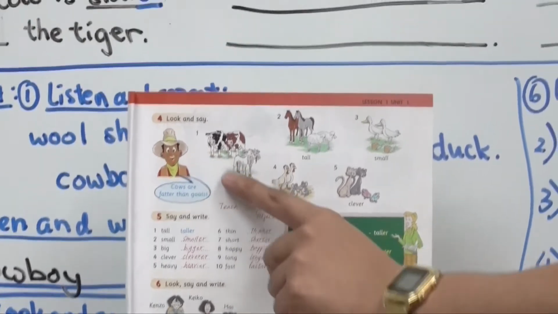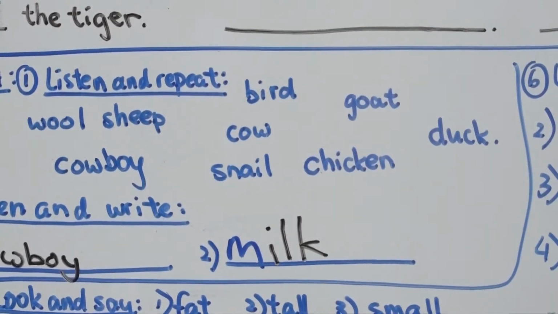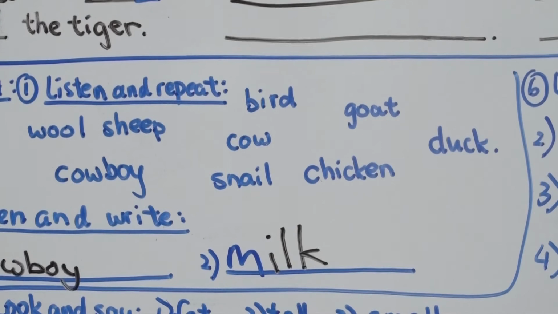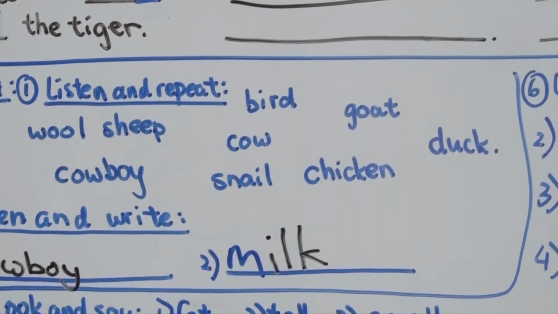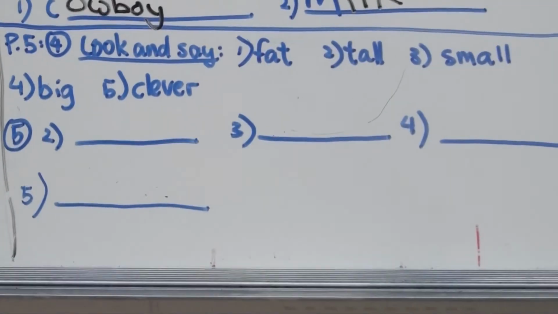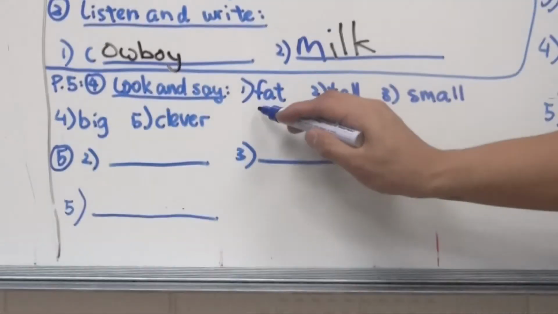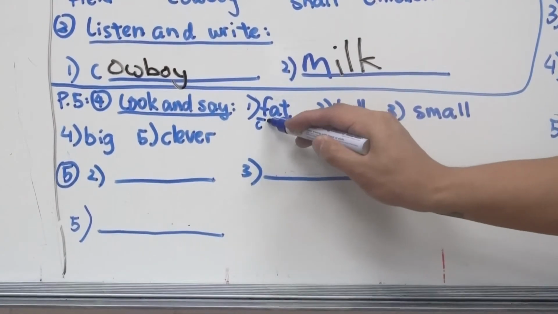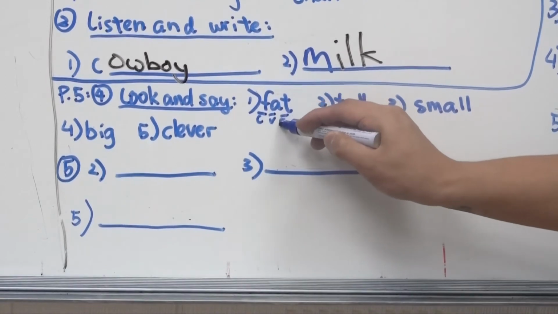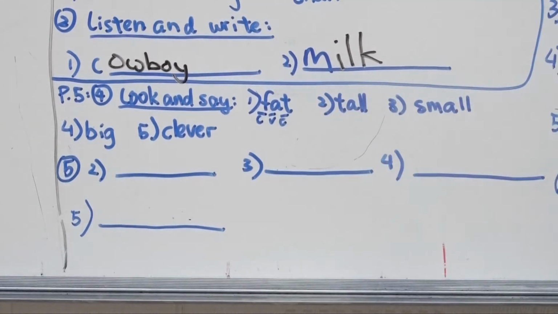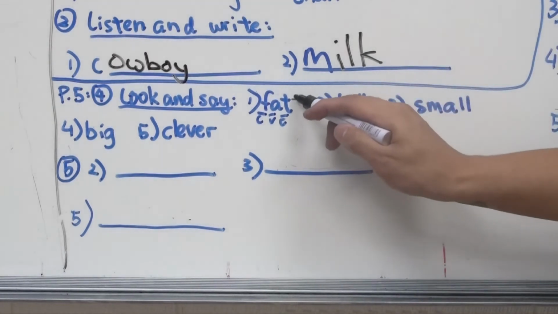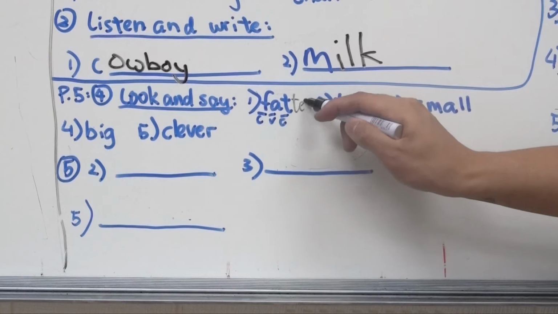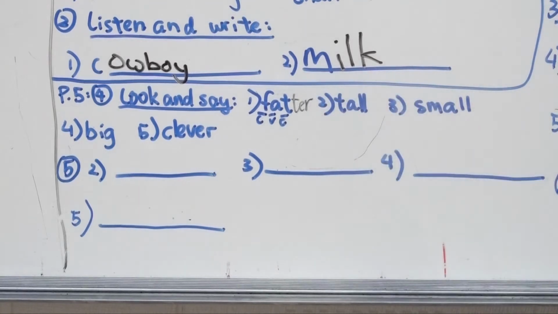We can see how they spelled fat: F-A-T-T-E-R. Why T-T? Because here we have C, V, and C. So, fatter, we have to add another T, and then E-R. Fatter. Cows are fatter than goats.